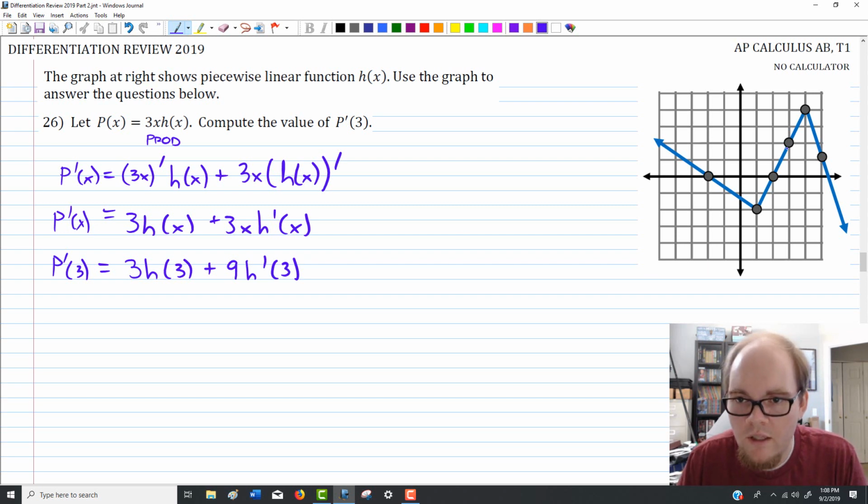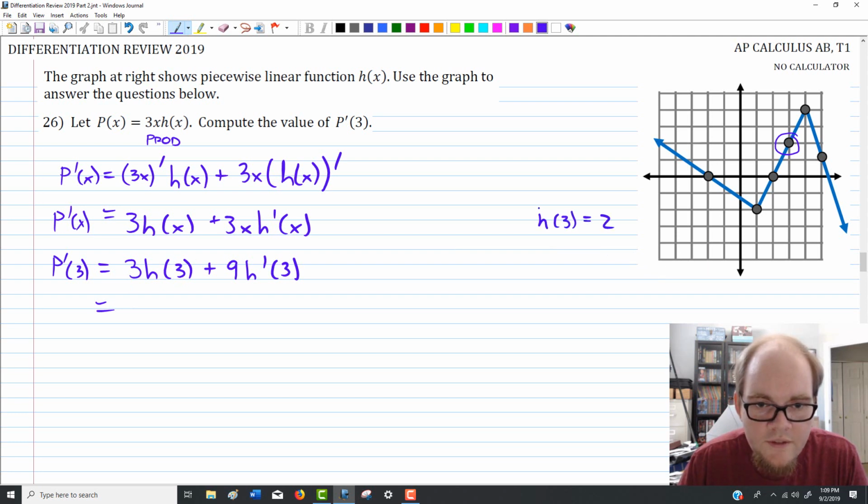And then in looking at our ingredients here, h of 3 is easy for us to calculate. It's at the point 3, 2. So specifically h of 3 is equal to 2. I can see that right off the bat. And next, h prime of 3 is equal to the slope, which we already saw in the last problem, is also 2. So actually you can make the mistake and switch those 2 by accident and still get the right answer.